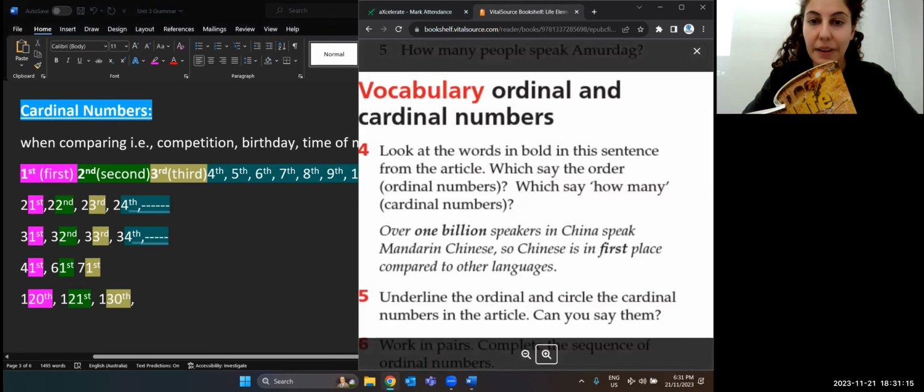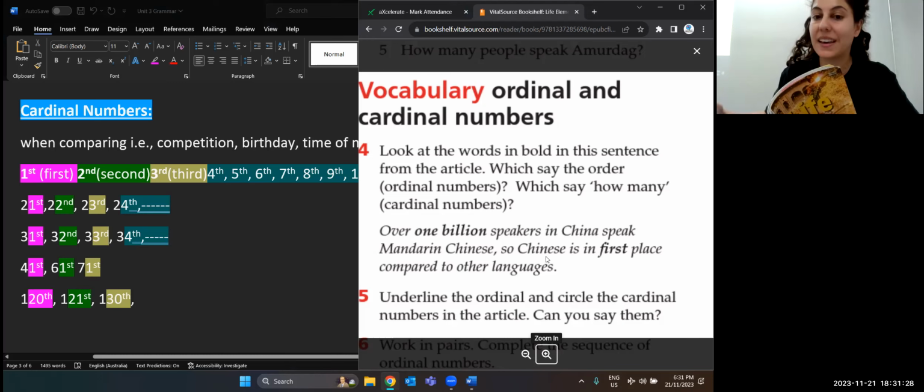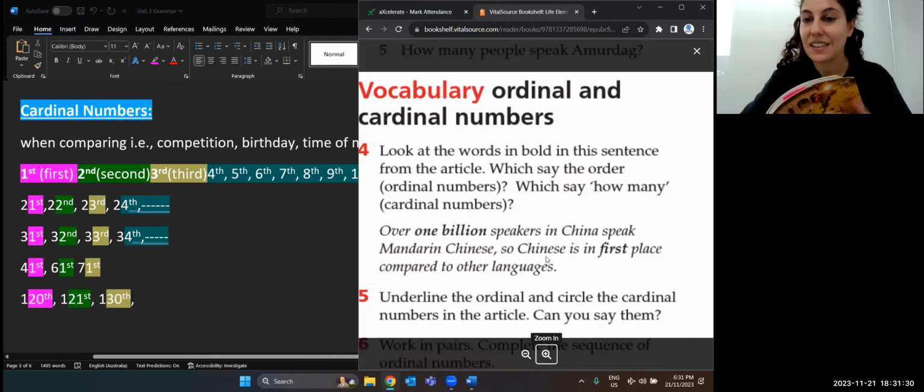If you remember in our reading, it said over 1 billion speakers in China speak Mandarin Chinese. So Chinese, because we're comparing, is in first place compared to other languages. So that's that word right there, first. Not is in one or number one, but is in first place.